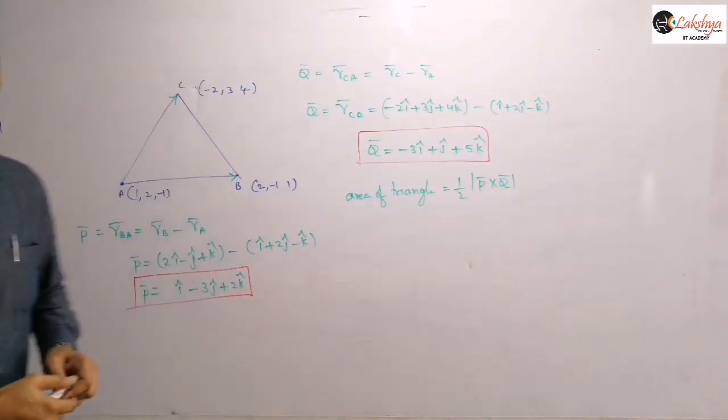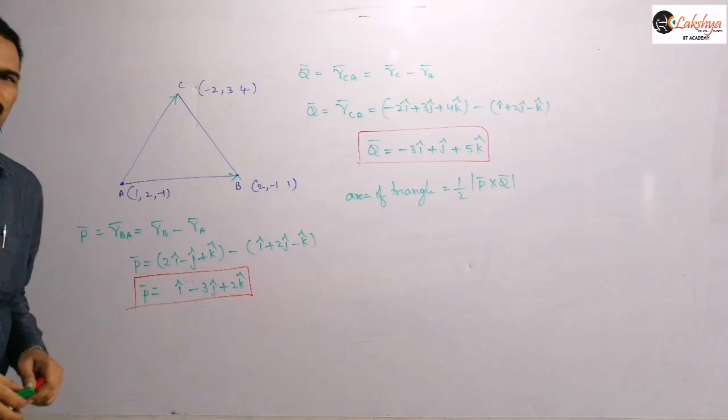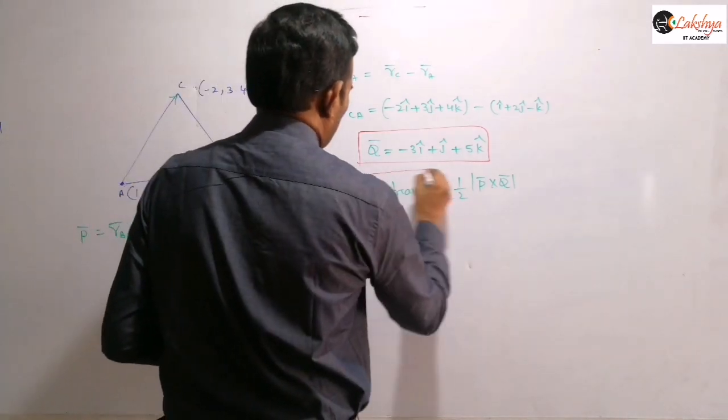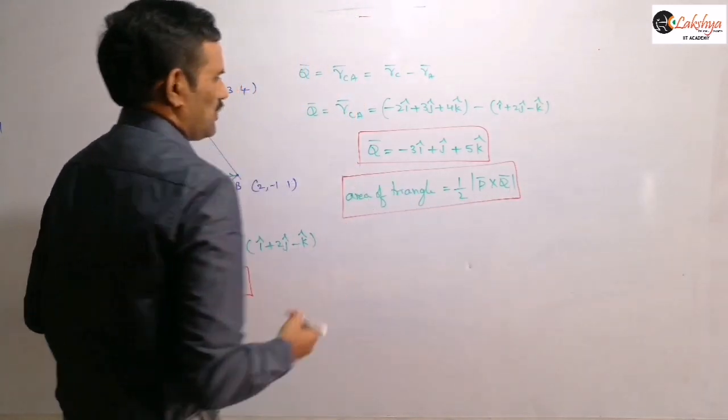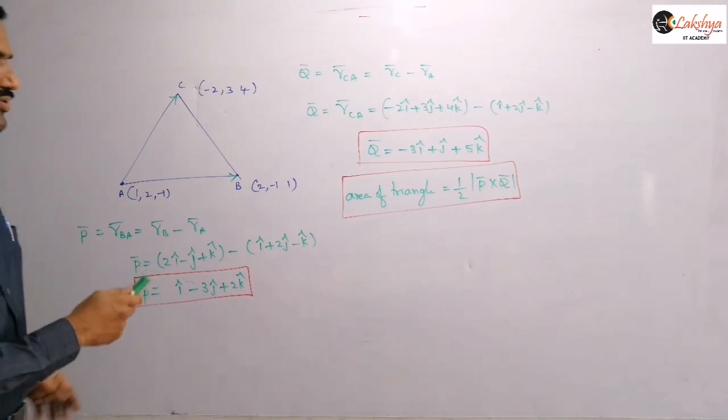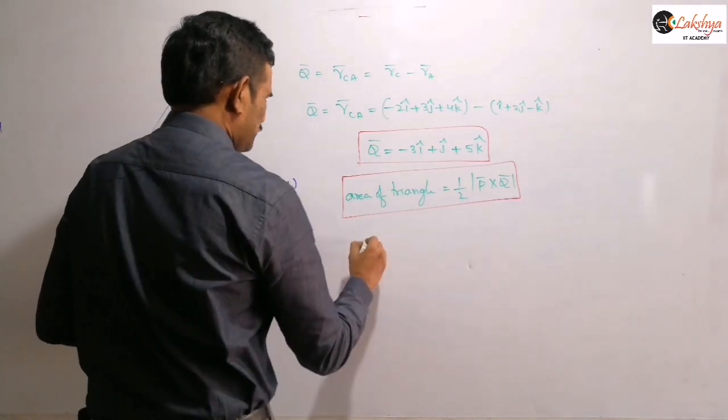If p bar and q bar are the two adjacent sides of this triangle, then the area of the triangle is nothing but half of mod of p bar cross q bar. So then you can find this p bar cross q bar value and then we can find the modulus. You can do the remaining calculation here.